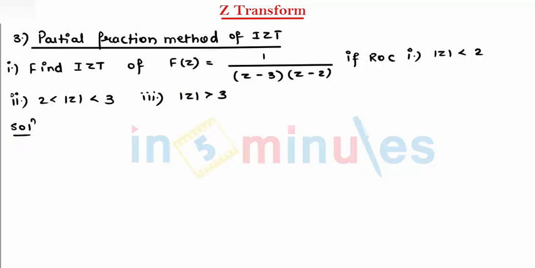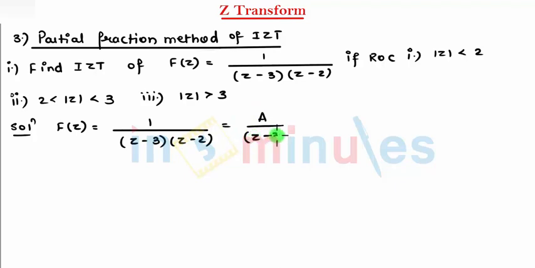So what we can see here, let's start with the ZT. f of z is 1 divided by (z minus 3)(z minus 2), which can be written as a divided by z minus 3 plus b divided by z minus 2.